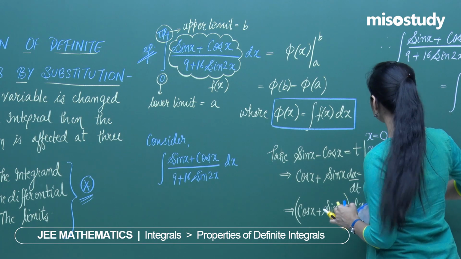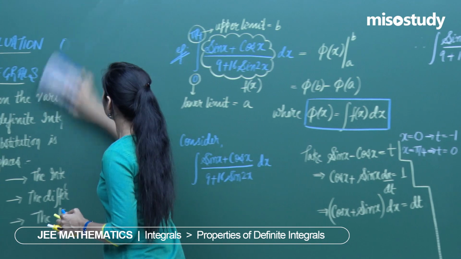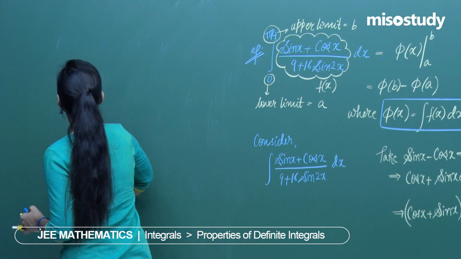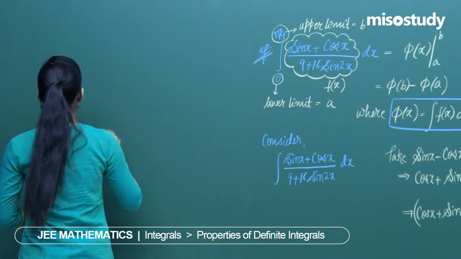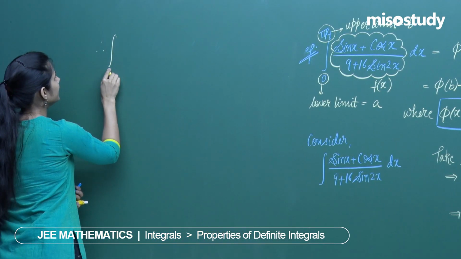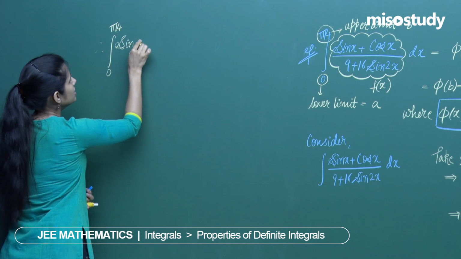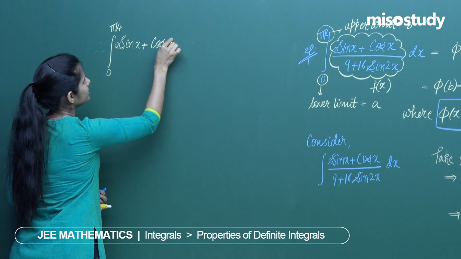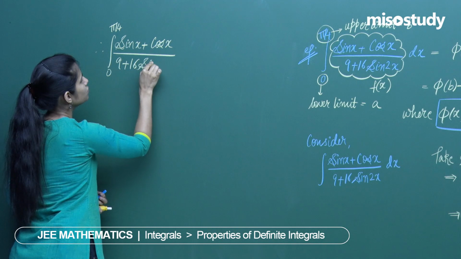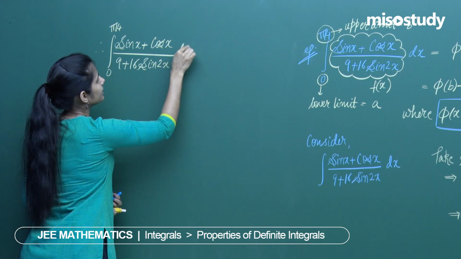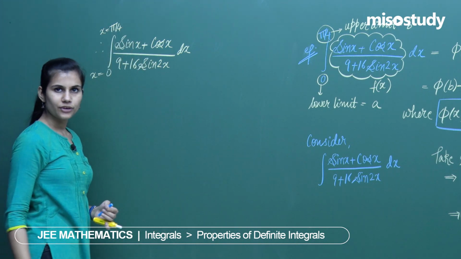And so, now I am in a position to do that. How? See. Therefore, integral from 0 to pi by 4 of sin x plus cos x whole upon 9 plus 16 sin 2x dx, and these are the limits of x, right?